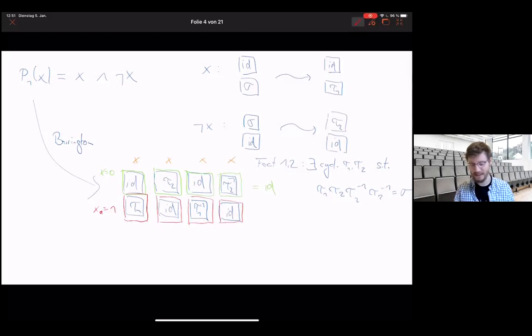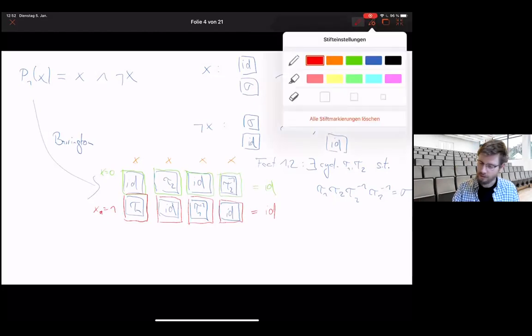That's identity times identity, which is again identity. All right, and that's not a surprise, because this program up there, x and not x, well, one of them, x or not x, is always 0. So this is in fact the all 0 program.